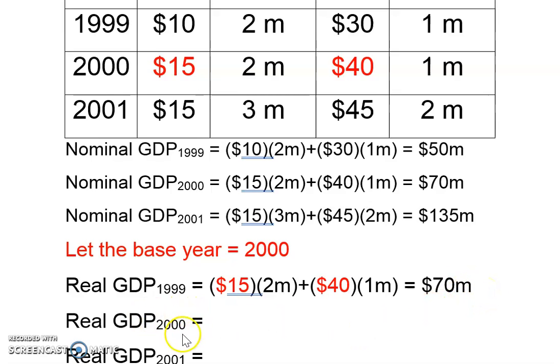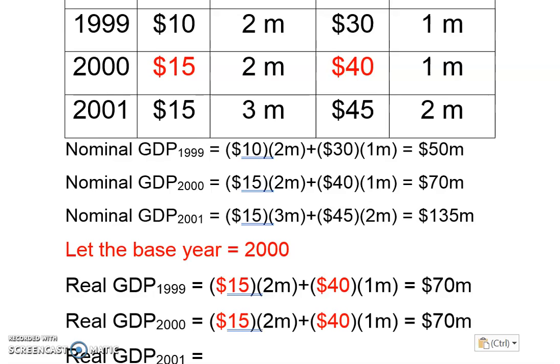Okay, let's work out year 2000. For year 2000, we use the base year's price, which is 15, multiplied by year 2000's amount of pizza, which is 2 million, plus the base year's price of jacket multiplied by this 1 million, which is year 2000's jackets.